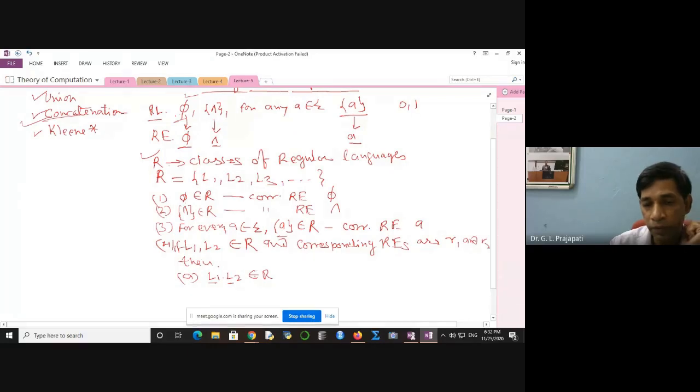If L1 and L2 are regular languages with corresponding regular expressions R1 and R2, then L1L2 belongs to R, and the corresponding regular expression is R1R2. Why R1? Because the regular expression for L1 is R1 and for L2 is R2.